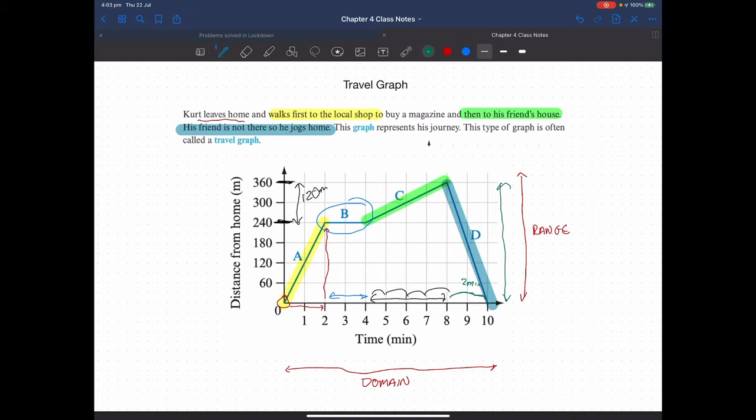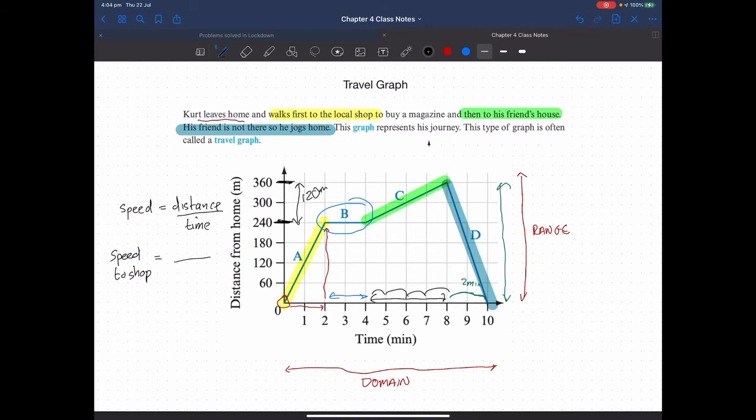There's something else that we can work out from that. We can work out Kurt's speed. Speed is equal to the distance travelled divided by time. So if I want to work out his speed to the shop, what I want to do is work out how long it took him.